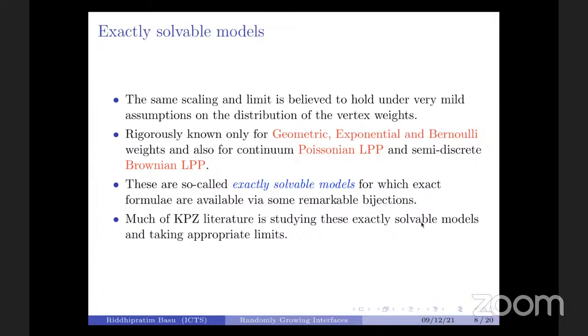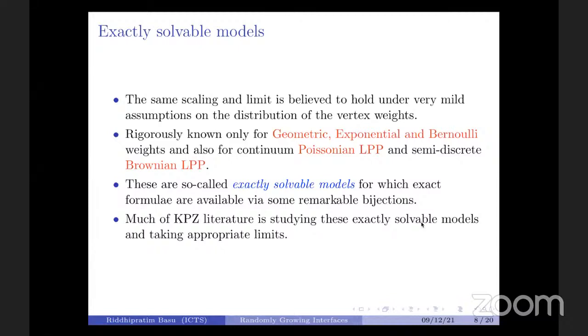So just to give you a broader perspective of what this is, remember we fixed the distribution of the vertex weights to be exponential, but this behavior is supposed to be much more general than that. It is supposed to be universal under some very mild condition.